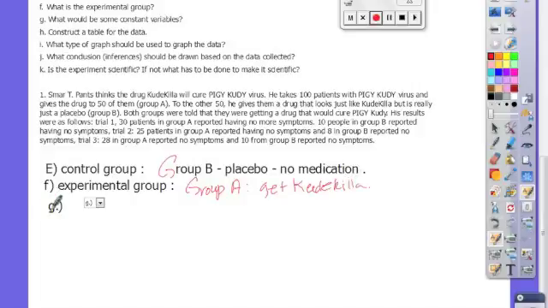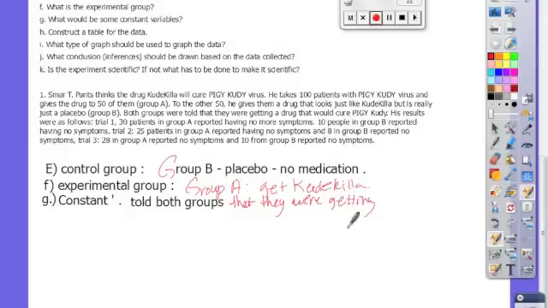Constant variables are the things that we keep the same, so that we make sure that it's only one variable that is actually causing the people to get better, which is our independent variable, taking the medication. The way that he did this, if we read this, he told the constants, and all they need to do is give me at least two. They told both groups that they were getting the same medication.